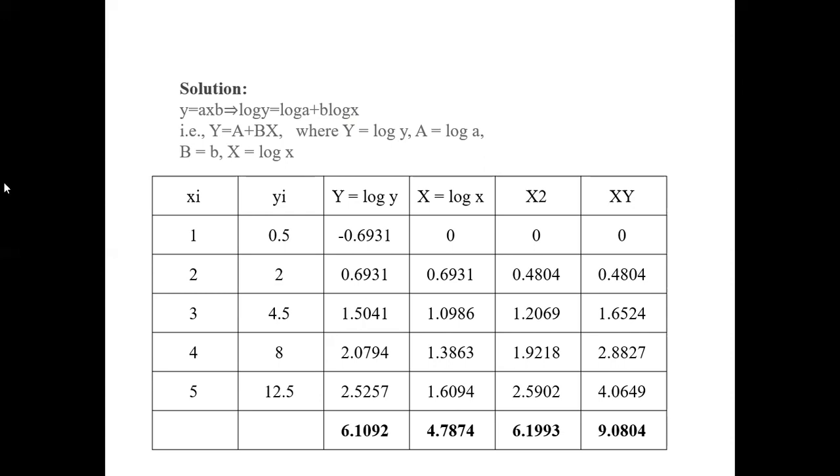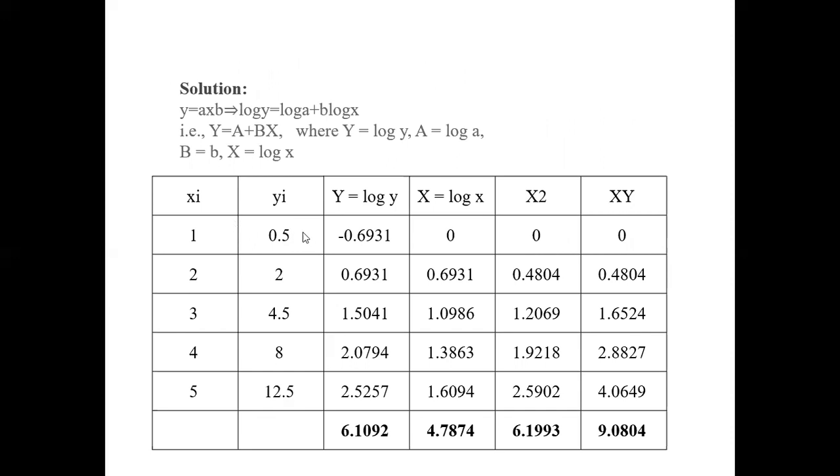For calculating the x and y, we take a logarithm of x and y terms. Write x and y terms, given terms 1, 2, 3, 4, 5 and 0.5, 2, 4.5, 8 and 12.5.